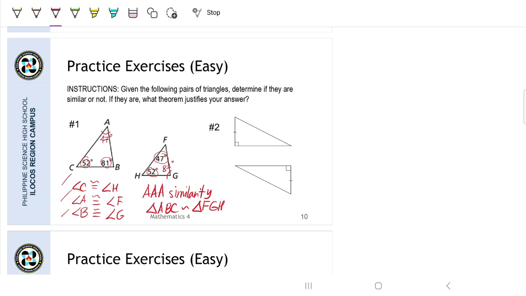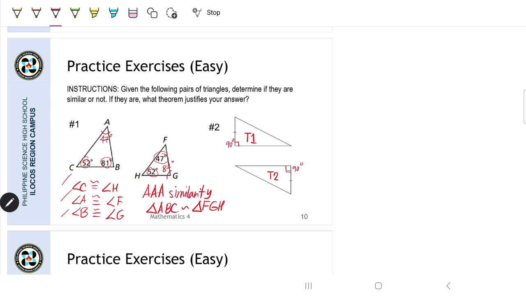And then for number 2, there are no labels here, but we can say that this triangle T1 and this triangle T2 are both right triangles because of this indicator. So this is a 90-degree angle. This is also a 90-degree angle.